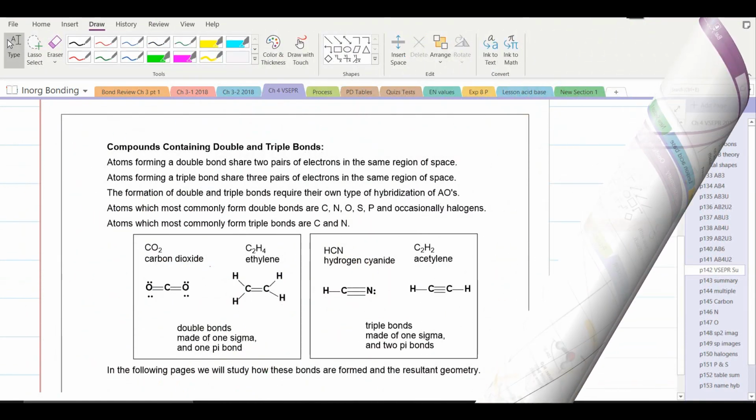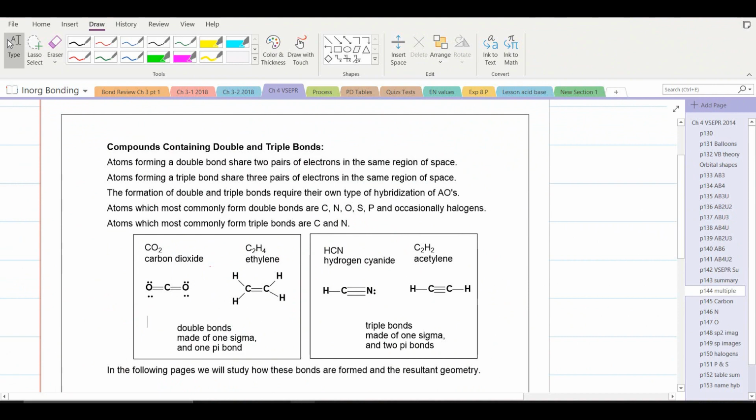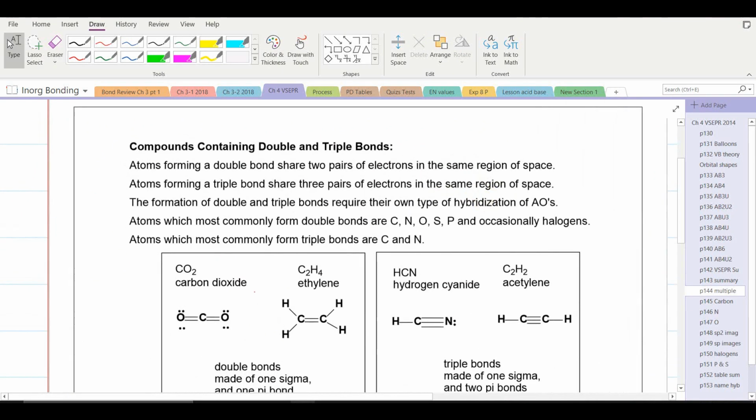Page 144. So far we've only considered compounds containing single bonds. Valence bond theory would not be much of a theory if it didn't account for molecules containing multiple bonds. So compounds containing double and triple bonds.